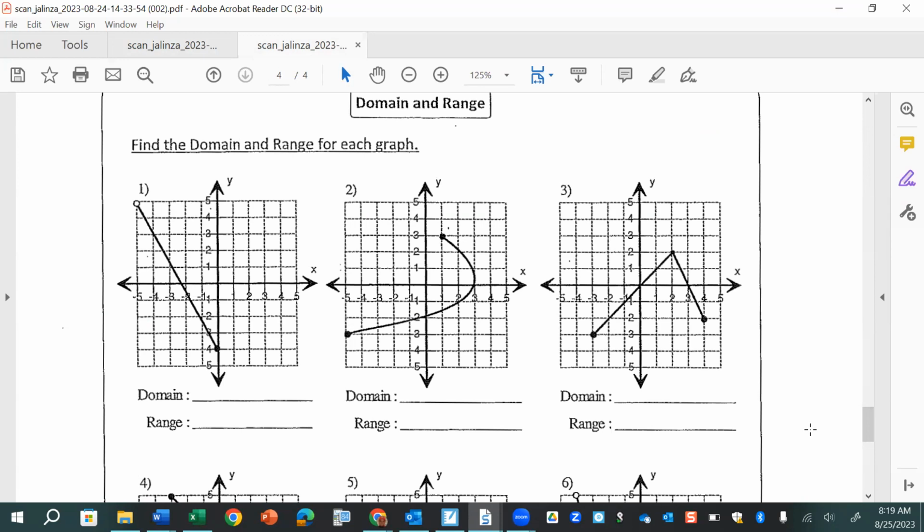Do you know domain represents all possible what's? What letter? X's. Okay. And range all possible Y's. So that's news to you.